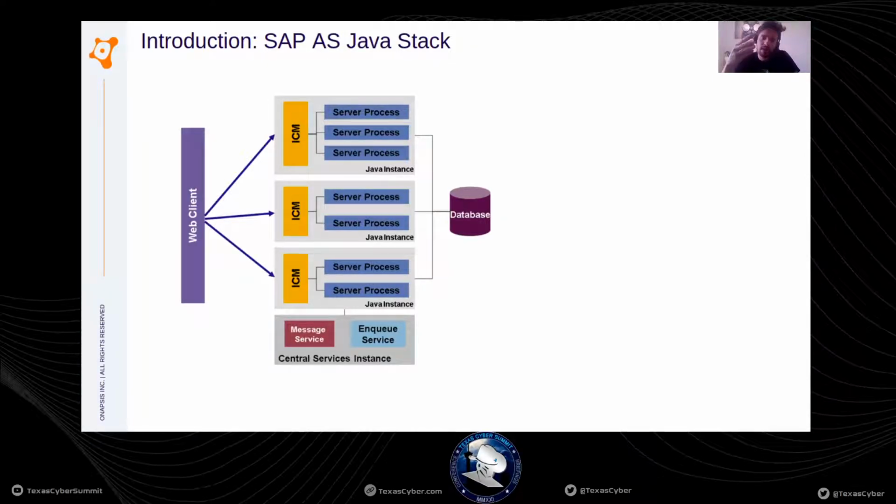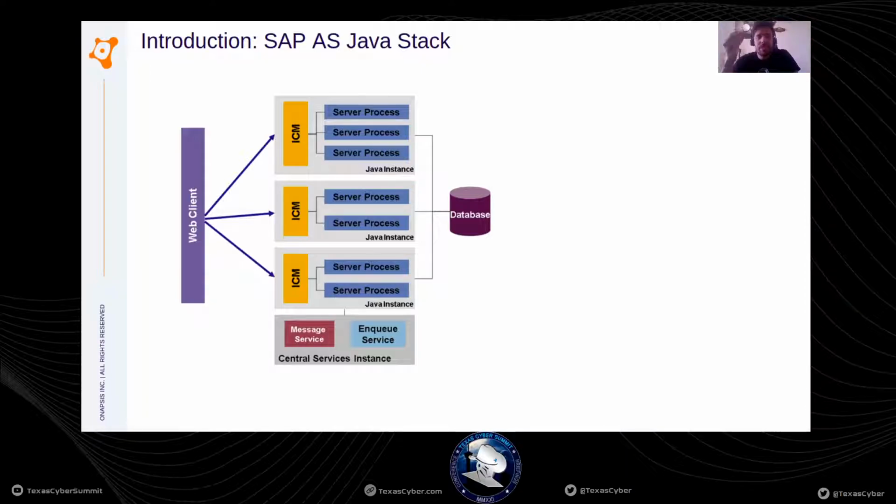In particular, as you can see in the slide, we have the ICM, which is basically the HTTP server of each Java instance. This means that the way to communicate with these systems is through the HTTP protocol, which is a really well-known protocol. On the other side, if we were discussing ABAP application servers, we would see different binary and custom protocols, which is a little bit different from Java.